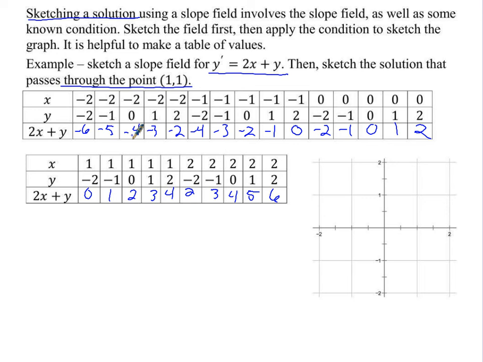Okay, so negative 2, we have a slope of negative 6. That is pretty much vertical. And then slightly less vertical, slightly less vertical, slightly less vertical, and negative 2, positive 2 has a slope of negative 2. I can actually draw that one in there. There we go.